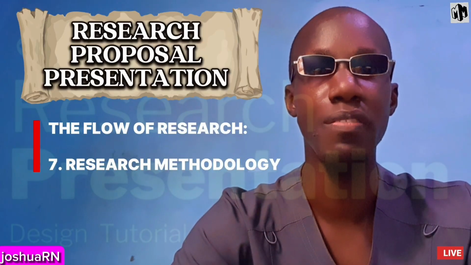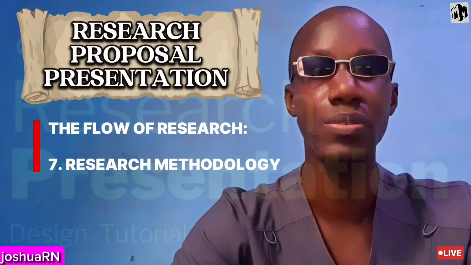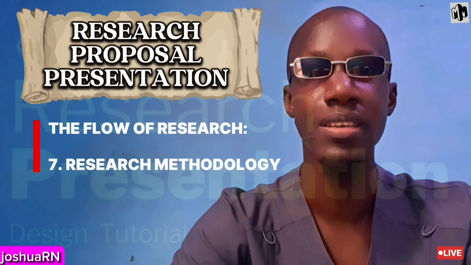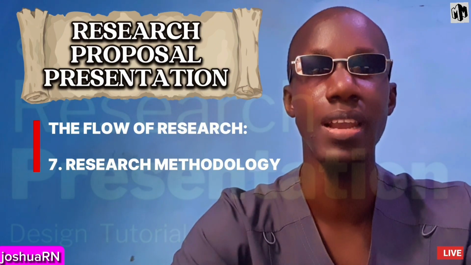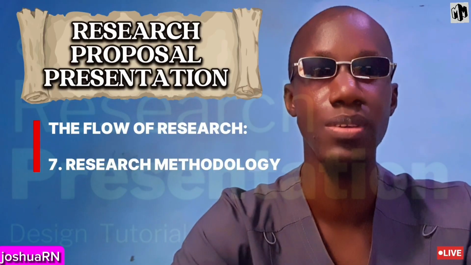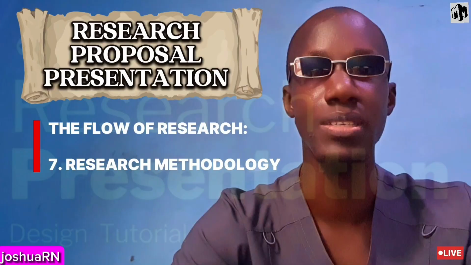Then for the sampling frame, justify your choice of the sampling frame. You want to interview maybe 100 respondents, why that? Then sampling technique: illustrate the understanding of your sampling technique as you carry out your data collection within the jurisdiction of your study.